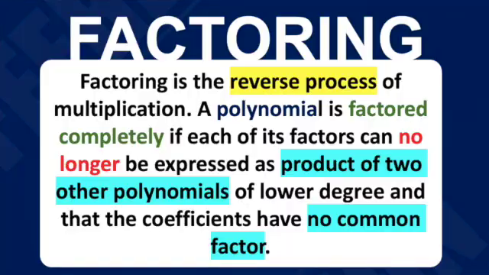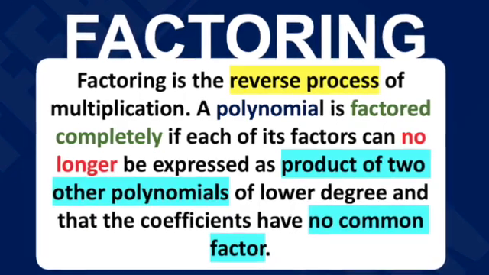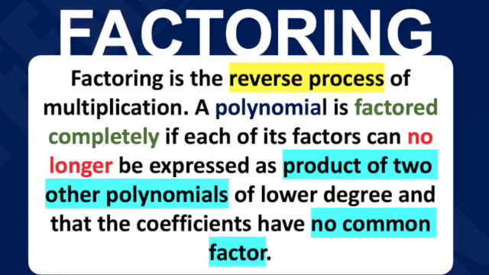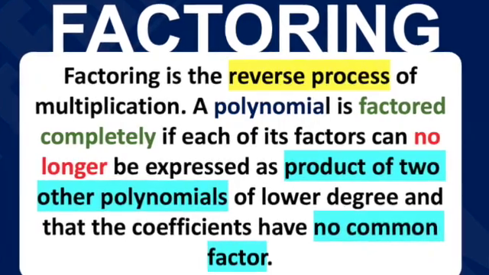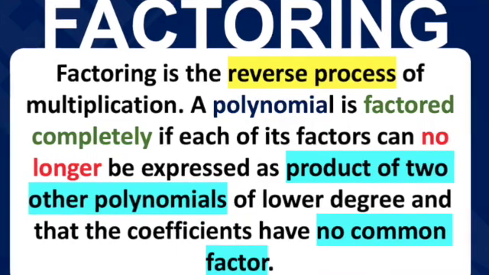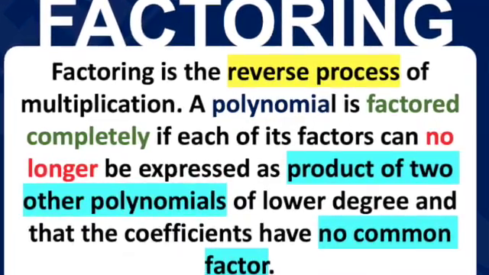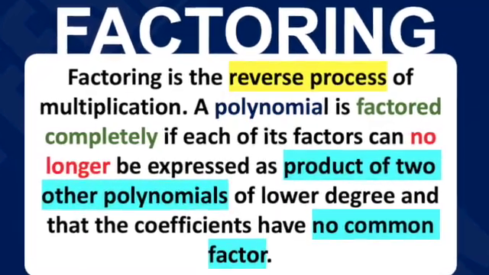Factoring is the reverse process of multiplication. A polynomial is factored completely if each of its factors can no longer be expressed as the product of two other polynomials of lower degree and its coefficients have no common factor. So when we say factoring, again, I just highlight the important term: the reverse process of multiplication.